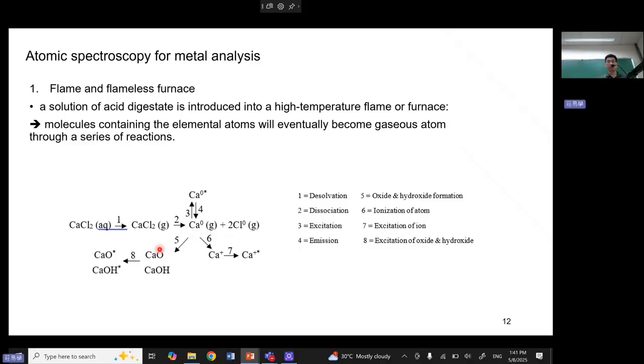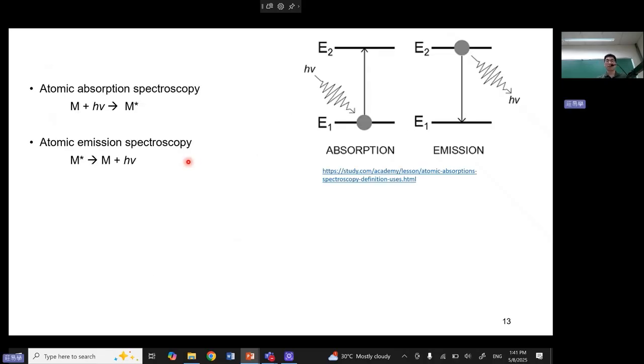is that we need to find an optimal temperature to allow the maximum formation of the calcium 0. Okay. So this is just a brief recap for you guys to again understand the differences between atomic absorption spectrometry and atomic emission spectrometry.